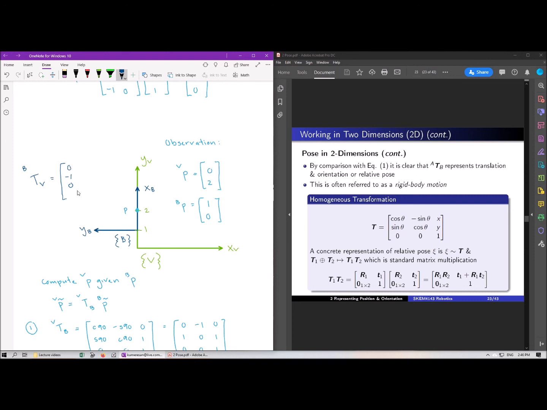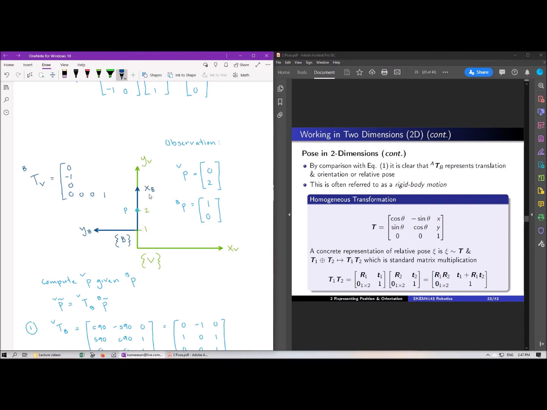And it doesn't matter if the origin coincides or not, because you have to imagine it coincides. And we know the last row is always 0, 0, 0, 1. And what is the unit vector of yv with respect to coordinate frame B?